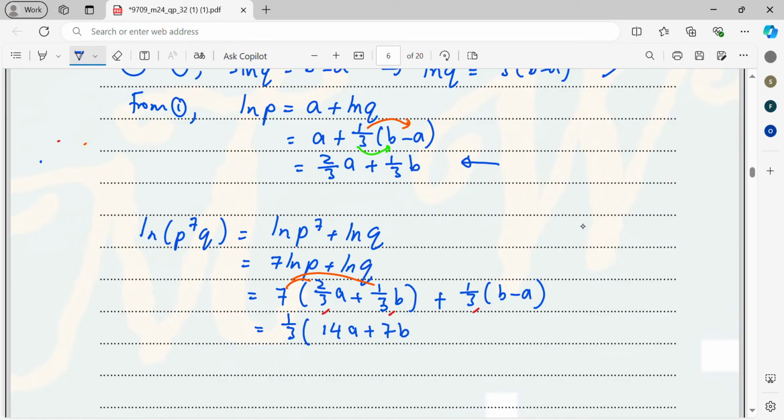Then for the next term, once you have factorized the 1/3, just leave the bracket, which means plus b minus a. So from here, I will be getting 1/3 of (14a minus 1a, that is 13a, and 7b plus 1b, that is 8b). So this is our ln(p⁷q).